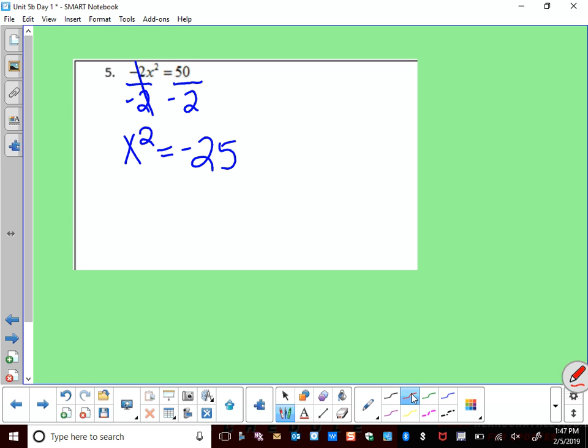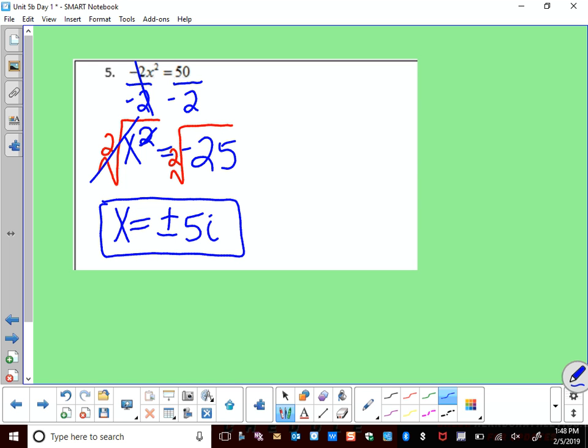All right, I have a power of 2. I get rid of it with what? Yeah, and this is the square root. You get rid of it with the square root. What you do to one side, you do to the other. So my power and my root are gone. I'm left with x equals plus or minus, what'd you say? 5i, good.